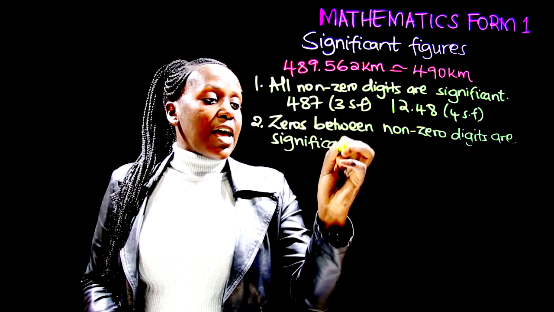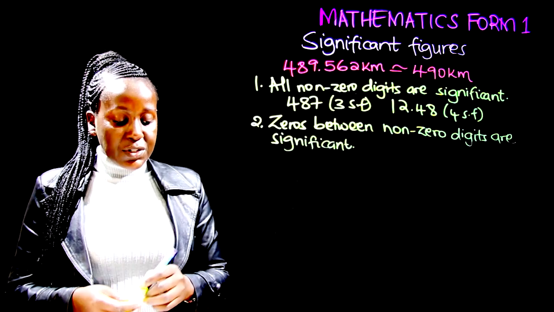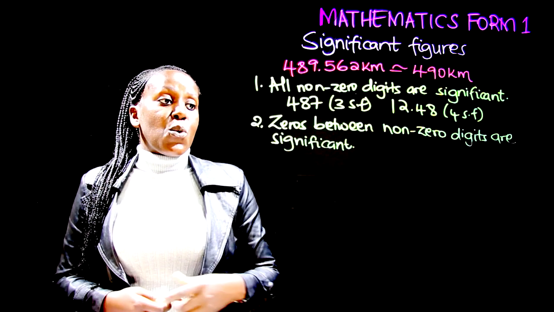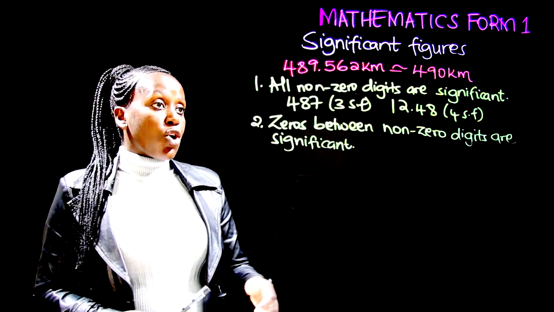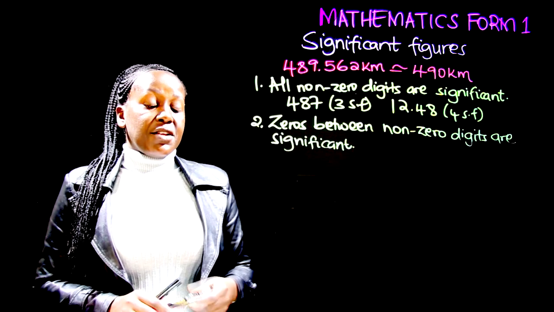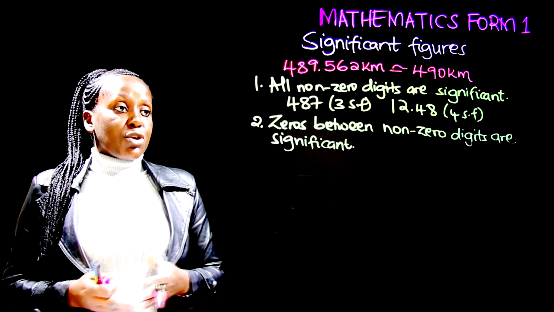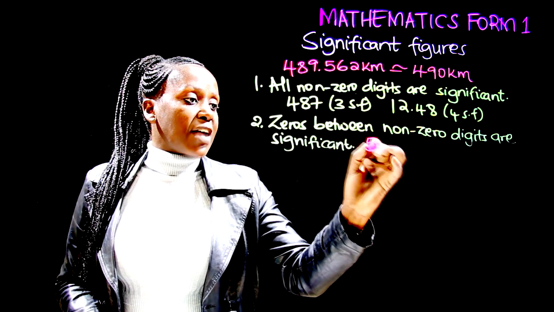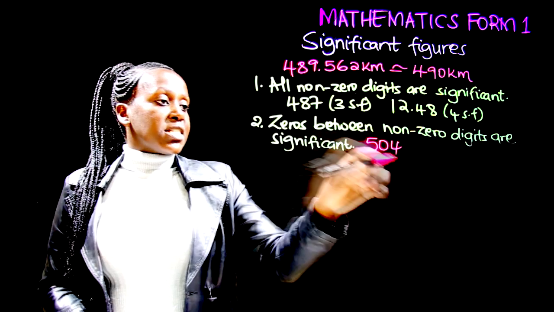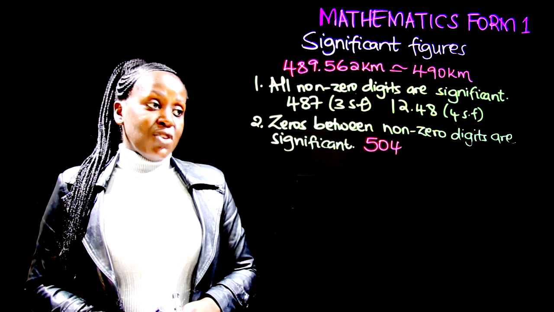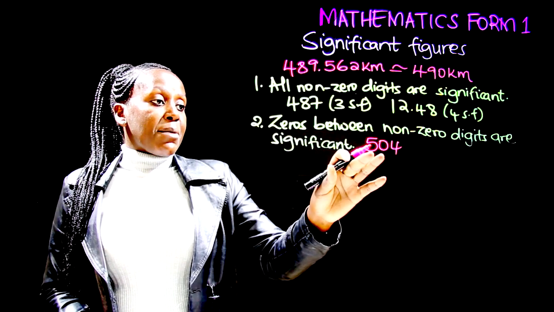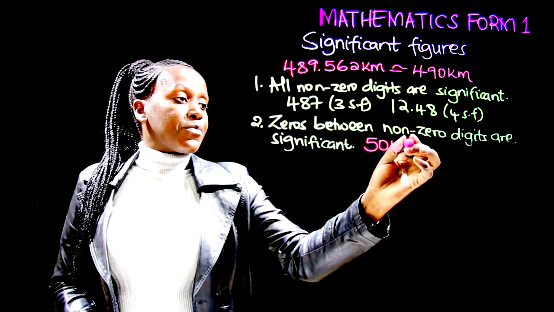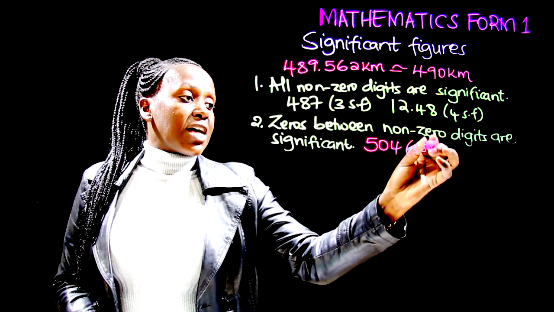So the task here is to know, when are zeros said to be significant, when are they not significant, because all the other digits are significant. So if you have a 0 between two non-zero digits, for example, 504, this 0 is considered to be significant. So here we have 1, 2, 3 significant figures.